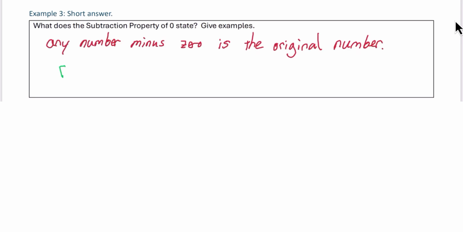For example, if we start with 10 and we subtract 0, we get 10, the original number. Or 17 minus 0 is 17.